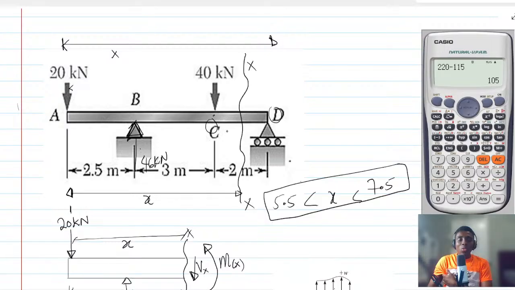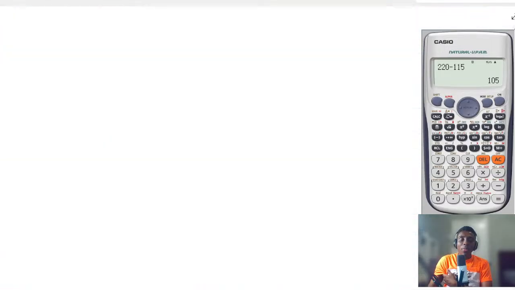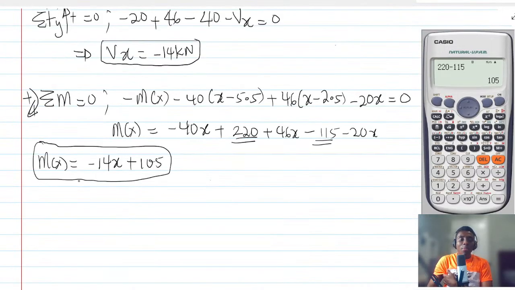So now let's do x equals 5.5 and see what will happen. Put 5.5 here. Minus 14 times 5.5 plus 105.